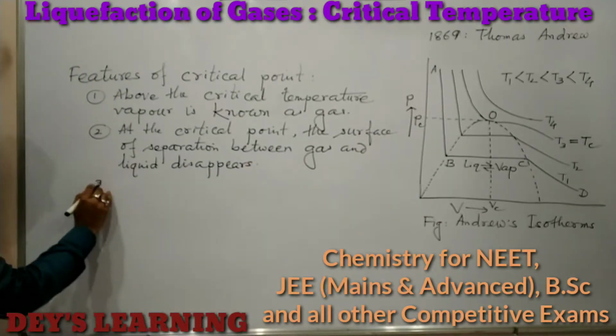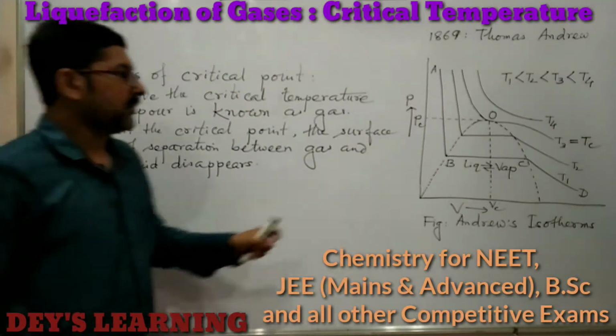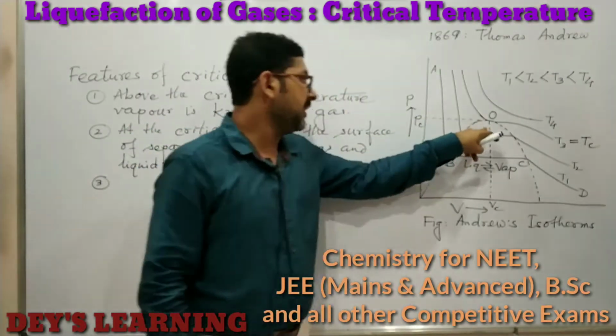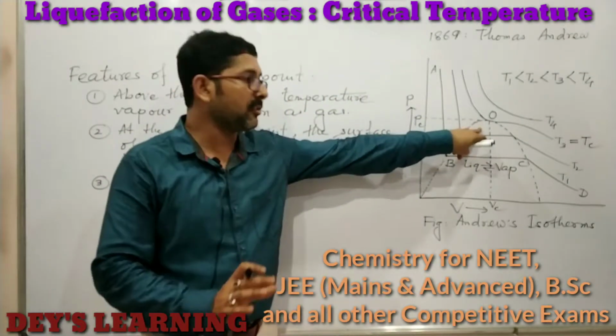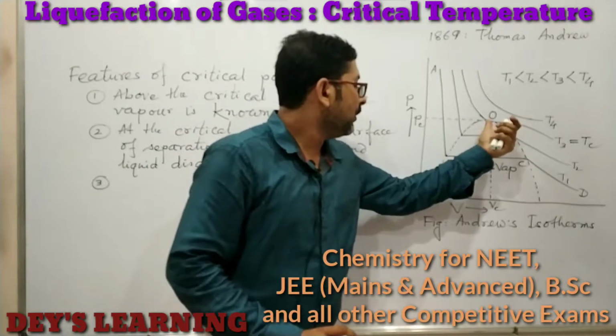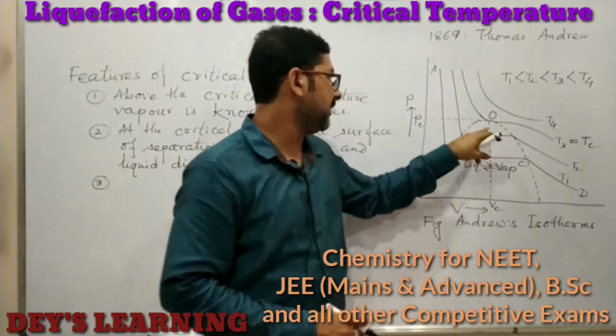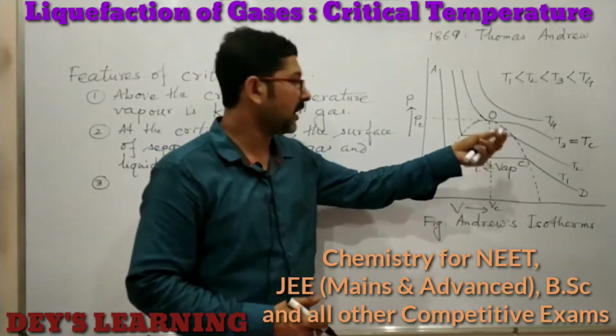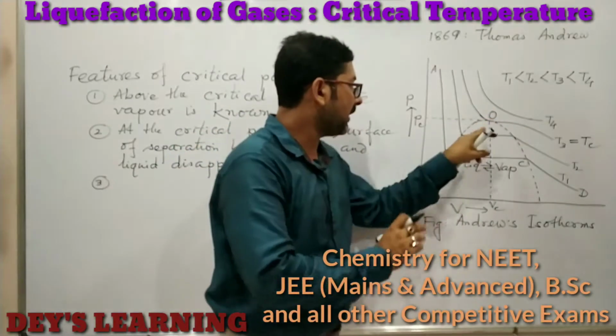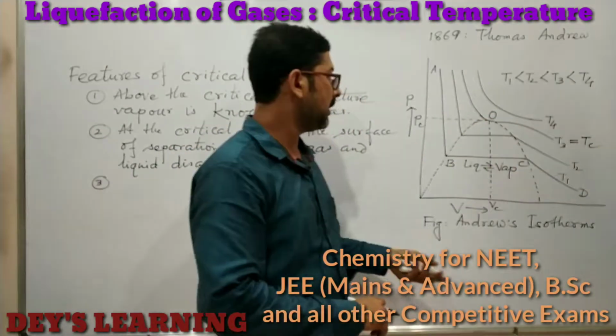Thirdly, at this temperature there is no difference between gas and liquid. So some physical properties like density and refractive index of liquid and gas become equal at this point.